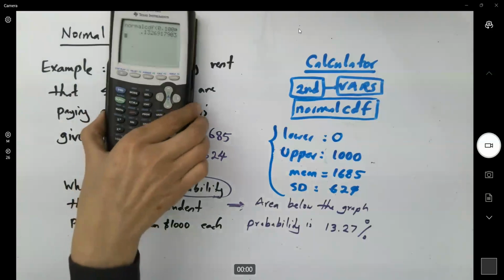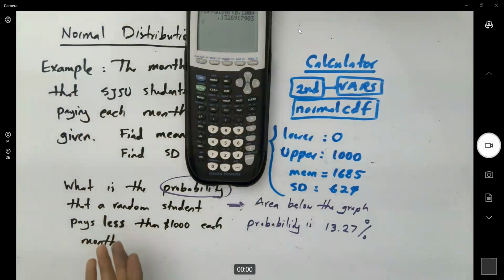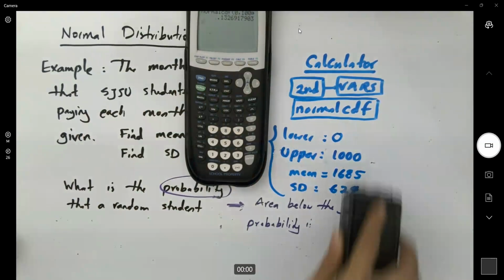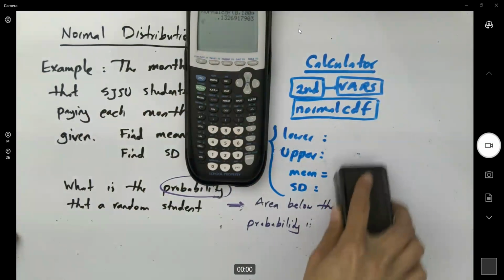So now what if we change this? Now what if we want to know what's the probability that a random student pays in between? Let's see.